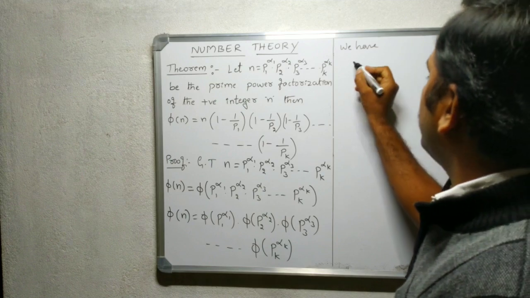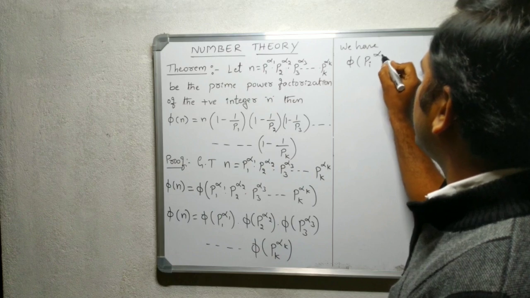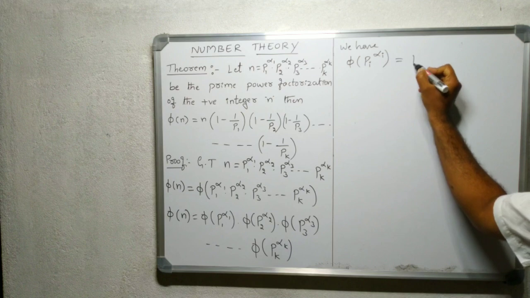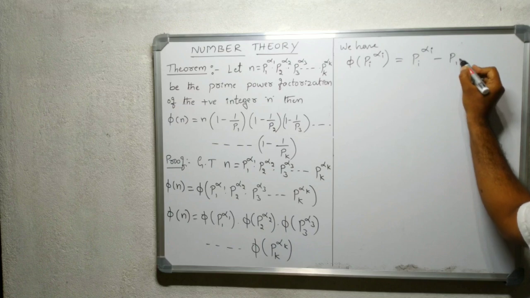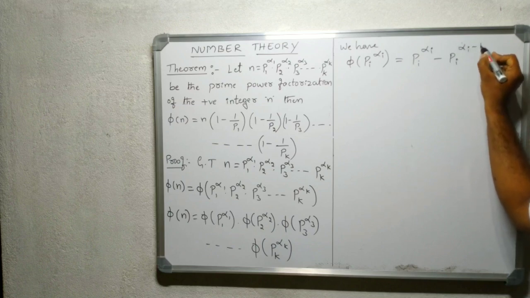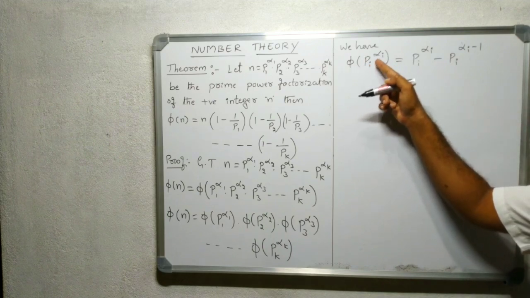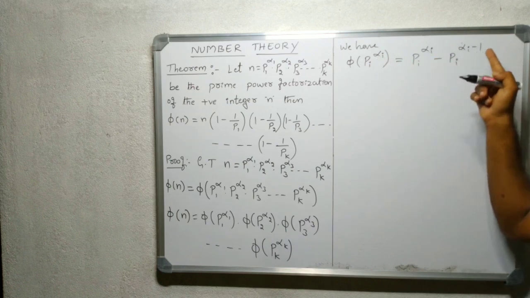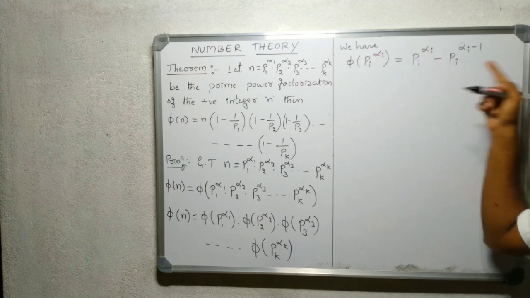On the basis of that, here phi of pi to the power of alpha i is equal to pi to the power of alpha i minus pi to the power of alpha i minus 1. I am representing this concept in this format. Actually this can be done: phi of p power n is equal to p power n minus p power n minus 1. Here n is nothing but alpha i. So p, I have chosen as pi.